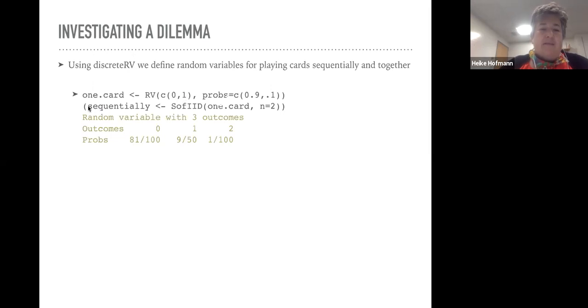Then we can play 2 of these cards sequentially, and we get no chip, 1 chip, or 2 chips with these probabilities. So 81 out of 100 no chip, 18 out of 100 1 chip, and 1 out of 100 would be 2 chips. So that's strategy number 1.